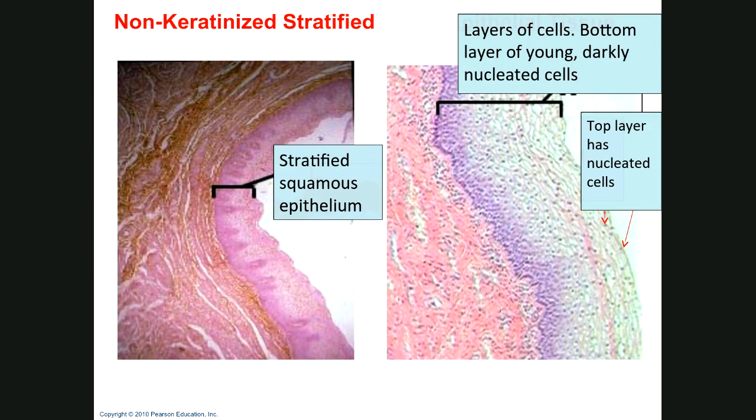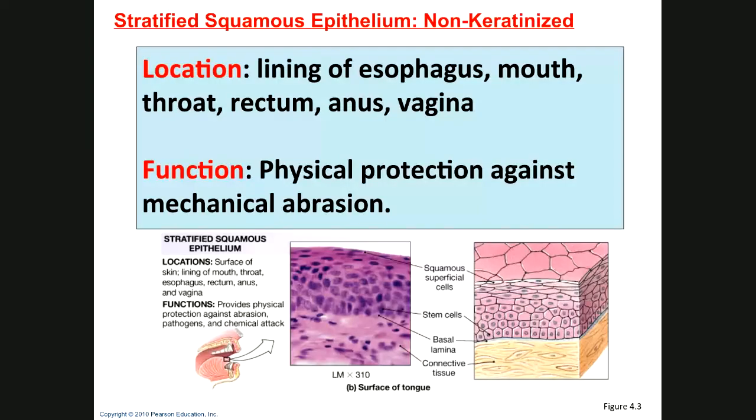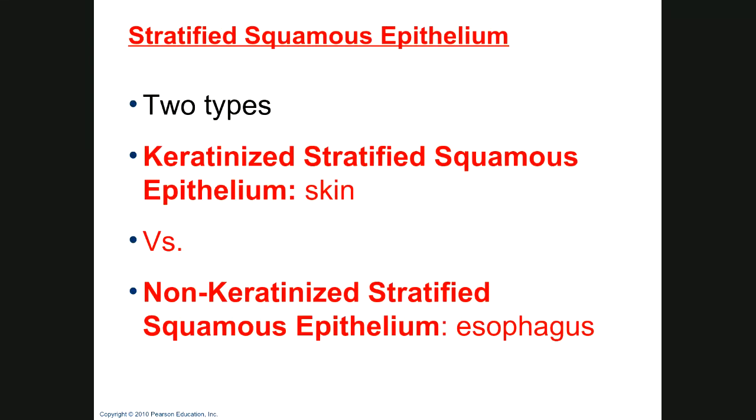The function is the same. It would be protection from mechanical abrasion. On the other hand, the other type of stratified squamous epithelium found all over the body is going to be non-keratinized, which means that the cells on the surface are not going to be filled with keratin.